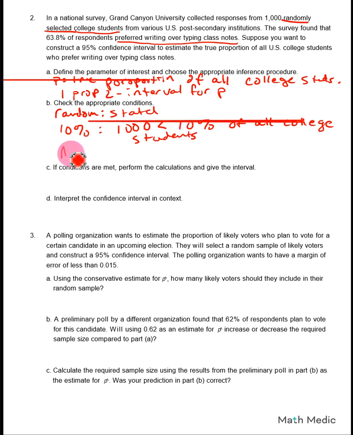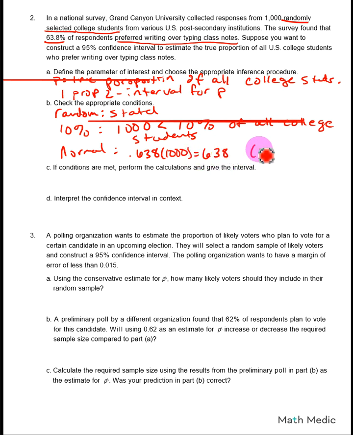And we need the normal condition. Well, what was our thing here? 63.8. So 0.638 times 1,000, 638.